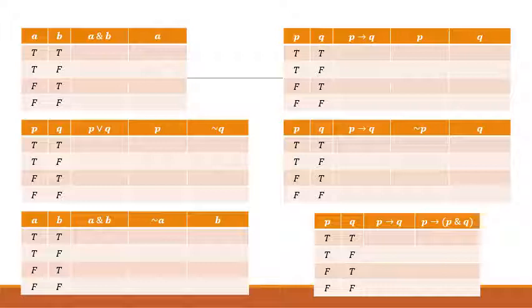So what we're looking for are situations in which the premises are true and the conclusion is false. The abbreviated method allows you to ignore situations where you have either a true conclusion or a false premise, because again, we're looking for all true premises and a false conclusion. So let's start here.